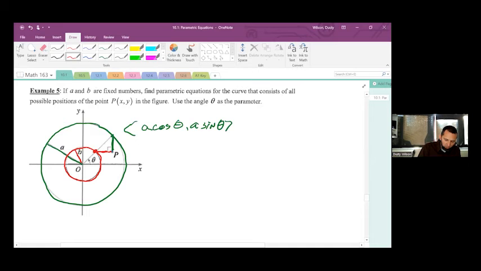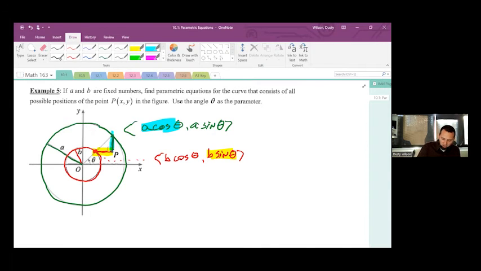And then we have a red point, which would be at b cosine of theta and b sine of theta. And again, we want to find the y coordinate from the red one, and we want to find the x coordinate from the green one.